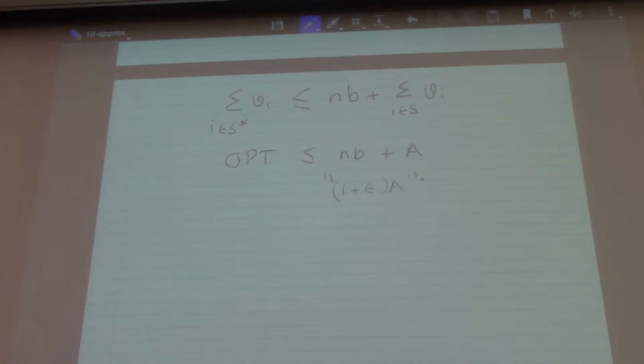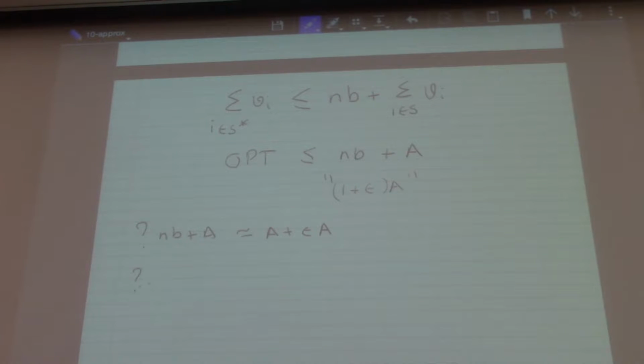Right? So we know that we want this term here. So I'm going to put a bunch of question marks here. These are not equations, but things we would like to see. We'd like to see that nb plus a kind of looks like a plus epsilon a, which is 1 plus epsilon times a. Okay, so we got the a cancelling out.